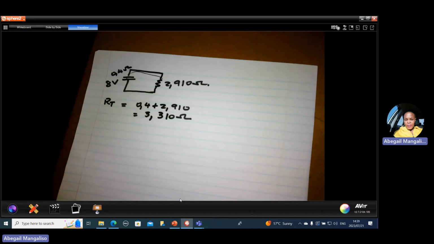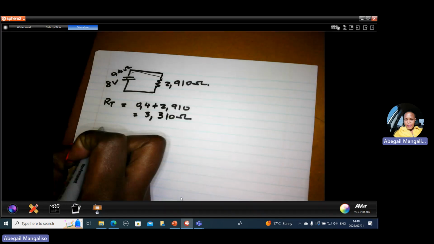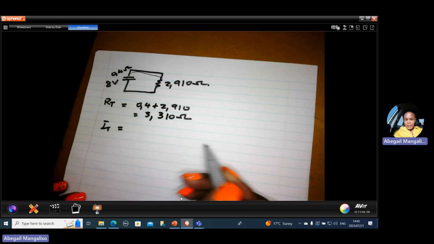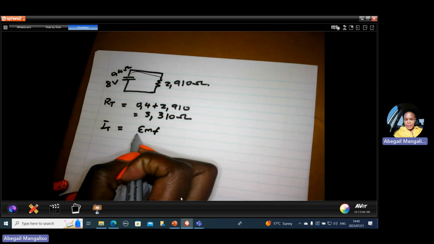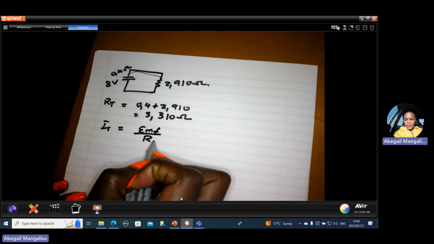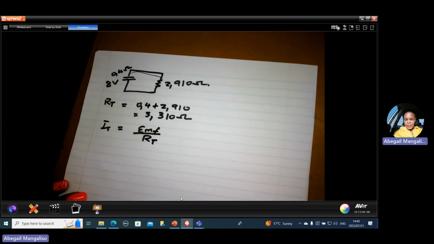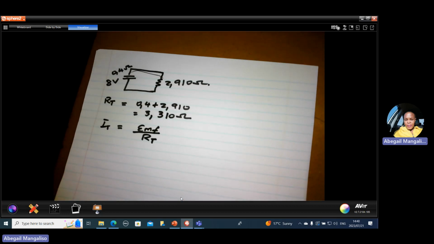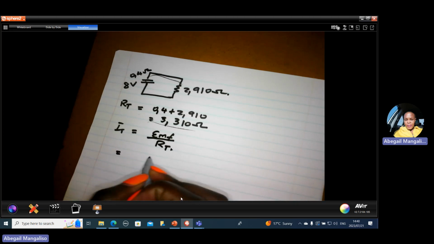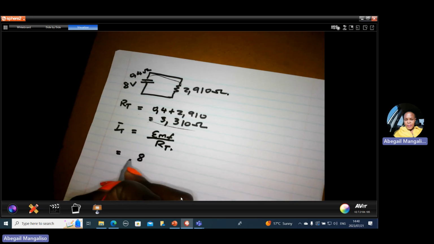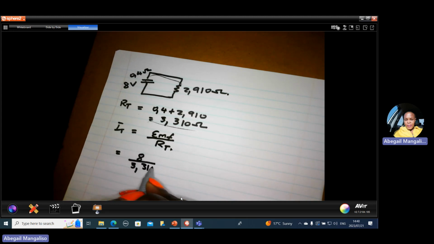Now the total current. The formula to calculate total current is Ohm's law. IT is equal to EMF, which is total voltage, divided by total resistance. So this RT includes everything, even the internal resistance, so you don't include it again. IT will be equal to total voltage 8 divided by RT, 3.310.